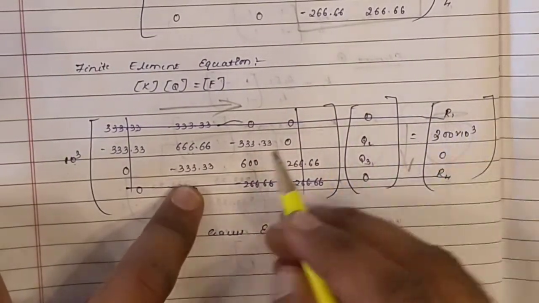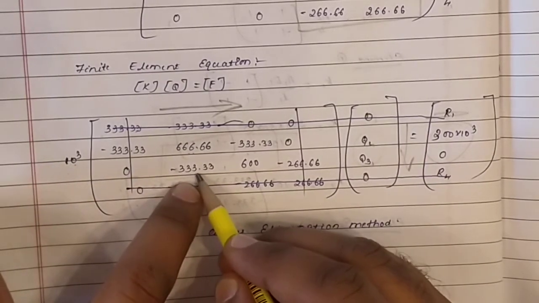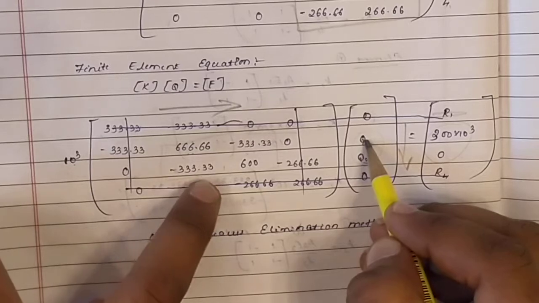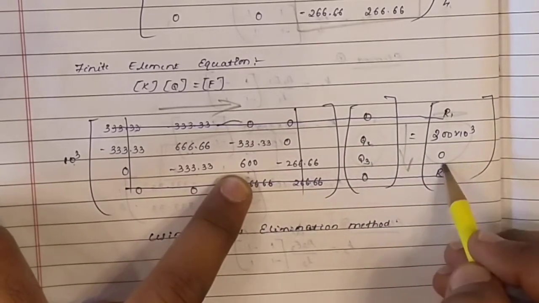This will be the first equation. Next equation, 10 power 3 into minus 333.33 into Q2 plus 600 into Q3 is equals to 0.